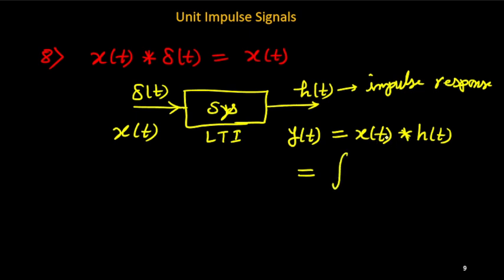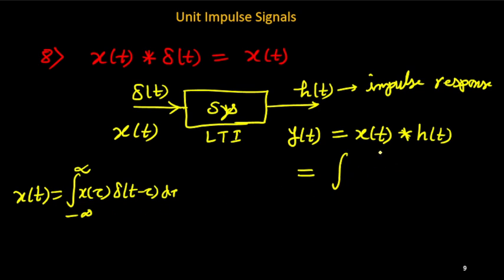I told you that formulation, that x of t could be written as the integral of x of tau and del of t minus tau d tau from minus infinity to infinity. This will play a big role. You can see that a similar form will be getting here: x of tau, h of t minus tau, d tau, from minus infinity to infinity. So this is the convolution.